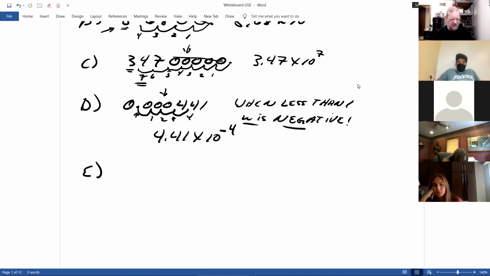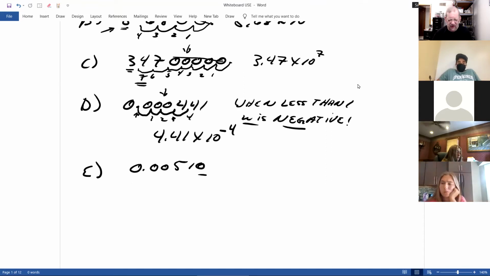Now I need to show you something else. When there's a 0 at the end after the decimal point, you do not drop it. So how do we write this in scientific notation? You take the decimal point and move it to the right of the first non-zero number, 1, 2, 3.